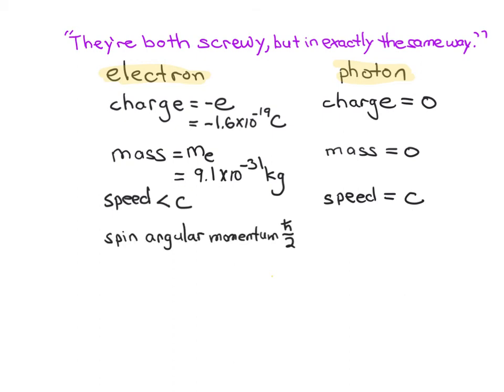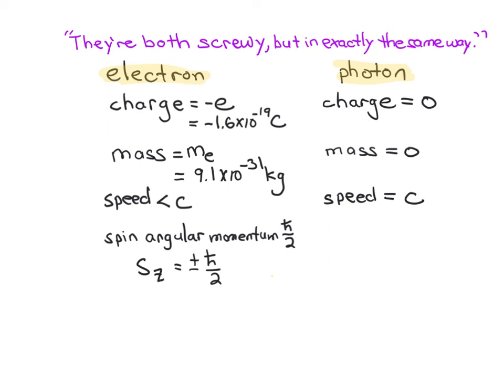An important property of electrons, which you studied in Physics 302, is the fact that they have spin angular momentum. And the angular momentum associated with an electron is h bar over 2. So electrons are referred to as spin 1/2 particles.